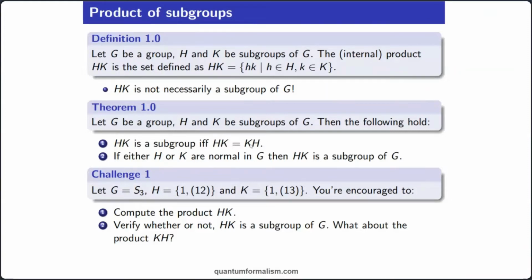Here, KH is defined the same way, so you just invert the order: kh instead of hk. Obviously, if G is abelian, it doesn't matter. But as you can see, when G is non-abelian, the order matters.